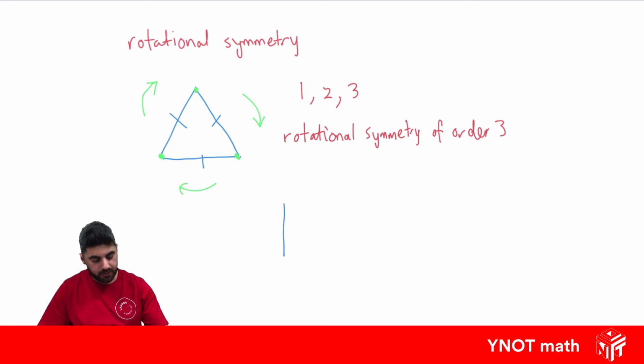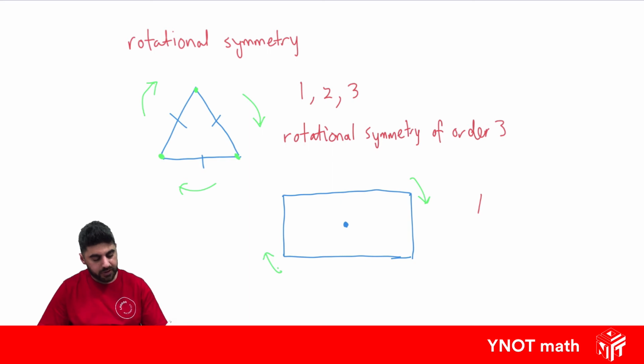What about a rectangle? So you can imagine a central point here, and we're going to rotate this way. So remember, we have 1 in its original position.